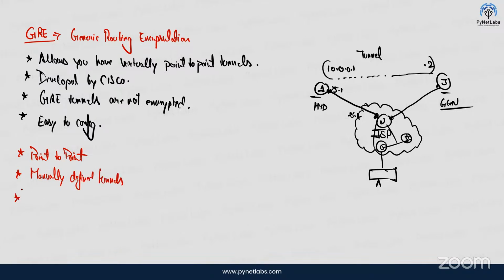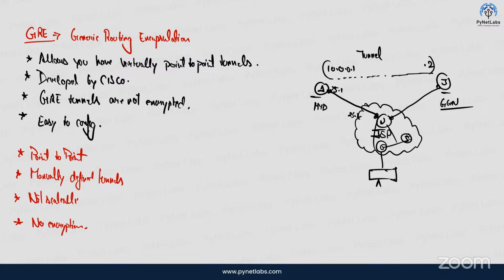Apart from this, it was not scalable for large enterprise networks, and there are no encryptions by default. So the data is not secure over the wide area network if you are using GRE tunnels. So this is one thing about GRE.